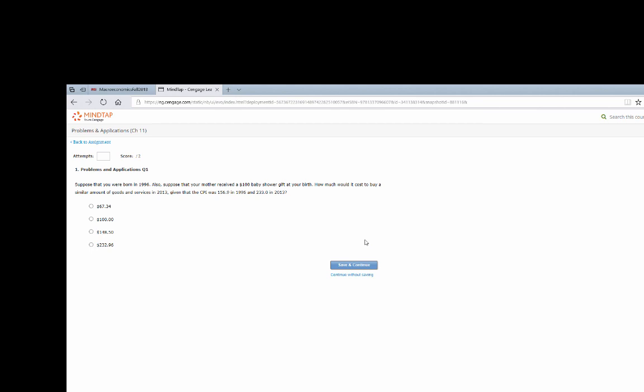This particular chapter is on the Consumer Price Index. A quick reminder: the Consumer Price Index is just a way of measuring the prices of goods and services in any given period of time, for example in a year. If the Consumer Price Index were to increase, that would imply that prices have gone up.